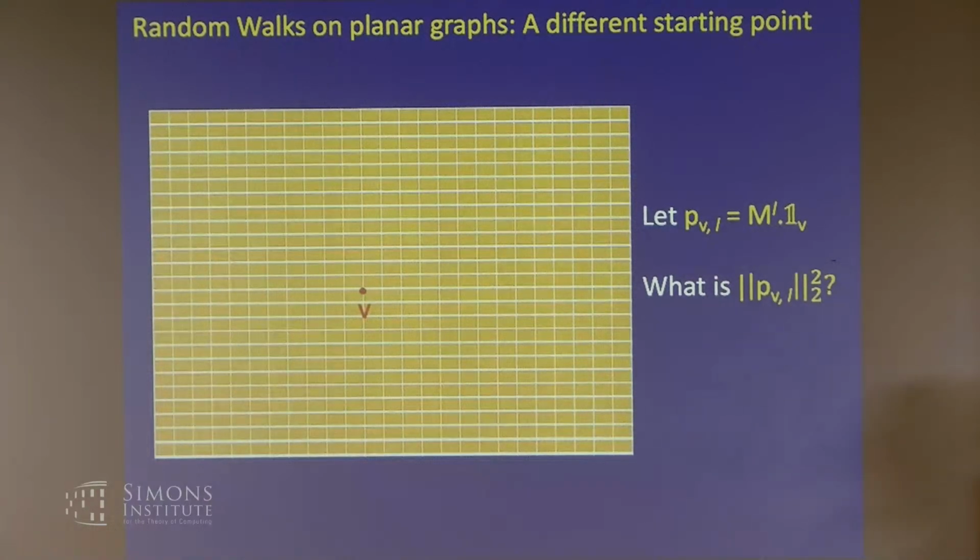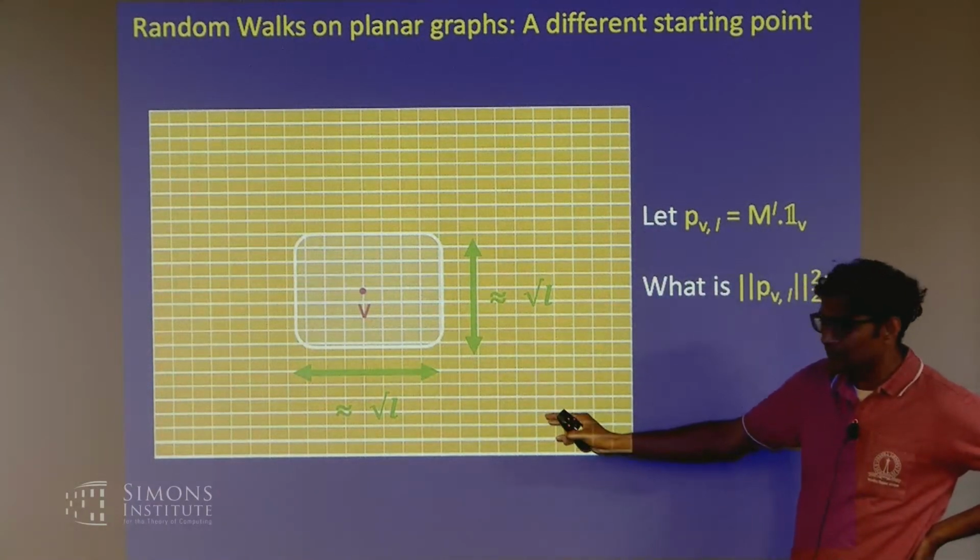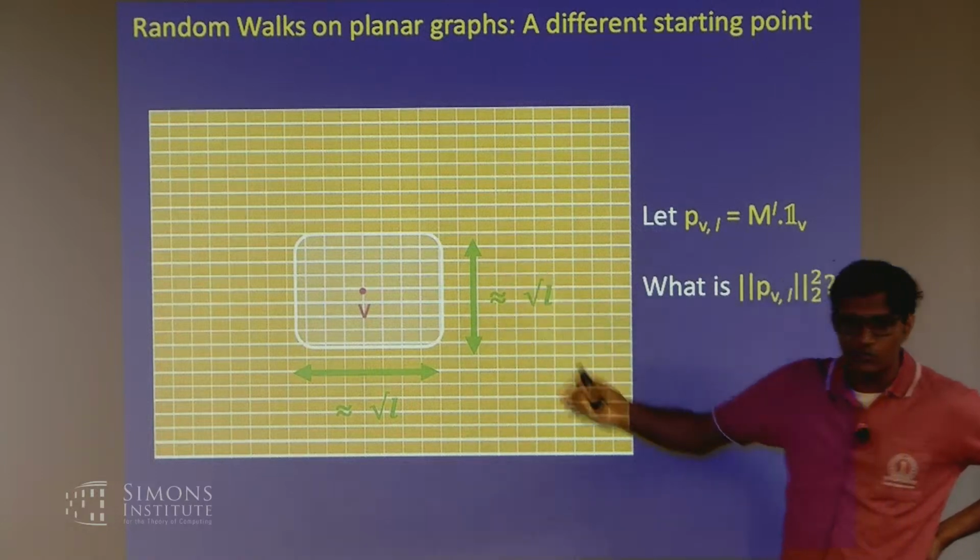I denote by P_v^L the distribution over endpoints that you get by performing an L-step random walk started at the vertex v. So P_v^L is just the random walk matrix M to the L-th power times the indicator for the vertex v. Now let's think about what this quantity, the 2-norm squared of P_v^L, is. If you consider performing an L-length walk from the source vertex v, the end vertex is square root of L distance away from v in the horizontal direction and square root of L distance away in the vertical direction.